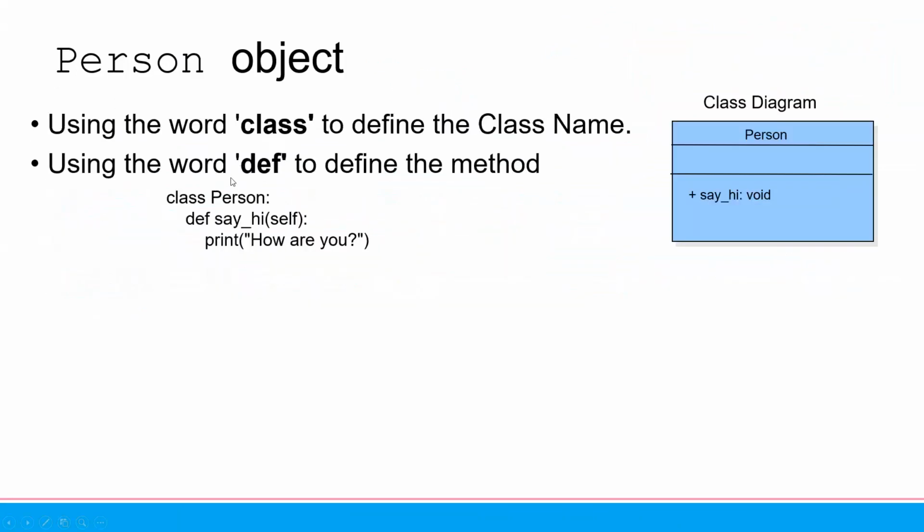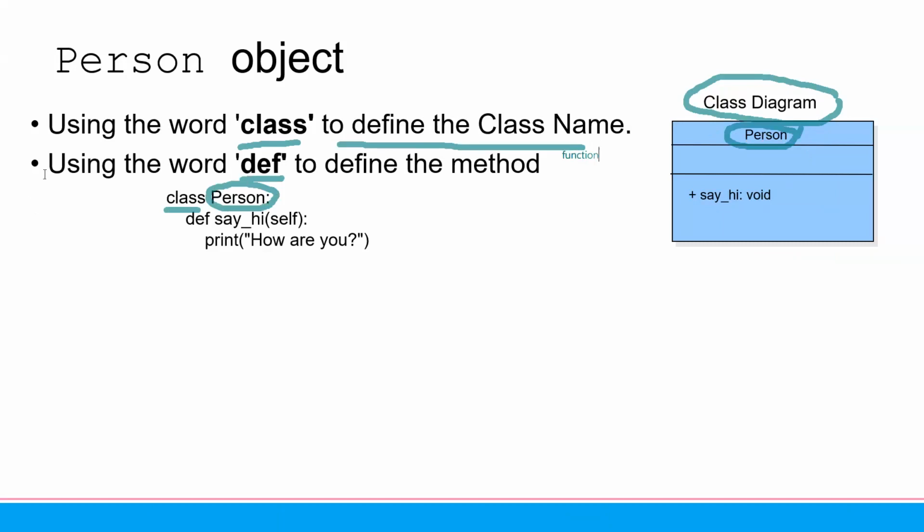For example, we have a class and I would like to define it as a class diagram. We use the word class to define the class name. Here I would like to explain the class person. And then we have def to define the method. We learned this as a function in the previous section.